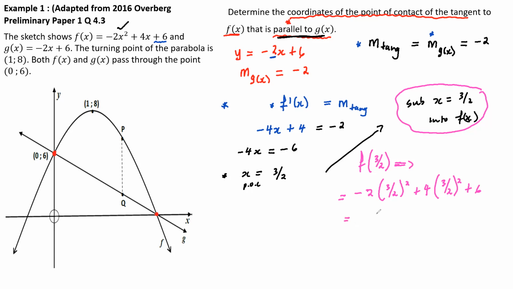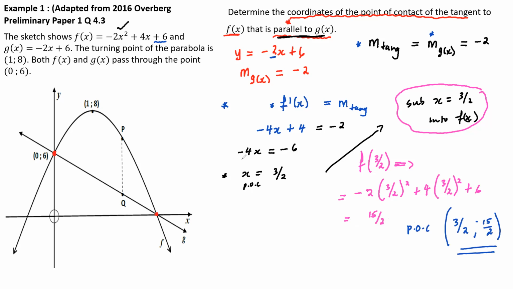Eventually, the y coordinate becomes 15/2. And so my point of contact will be x is 3/2, y is 15/2. And that's what you get for your point of contact for this particular graph.